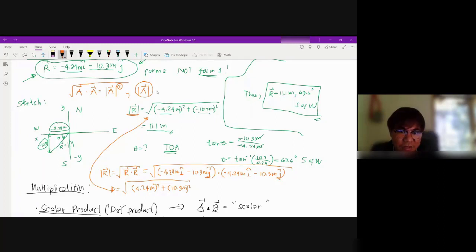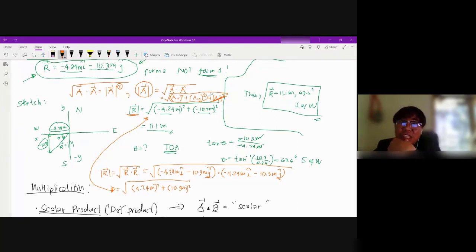The magnitude of vector A is the square root of the scalar product of vector A with itself, which uses its components. So for a three-dimensional vector, that's the square root of ax squared plus ay squared plus az squared. For a two-dimensional vector, there is no z component, so it's just ax squared plus ay squared.